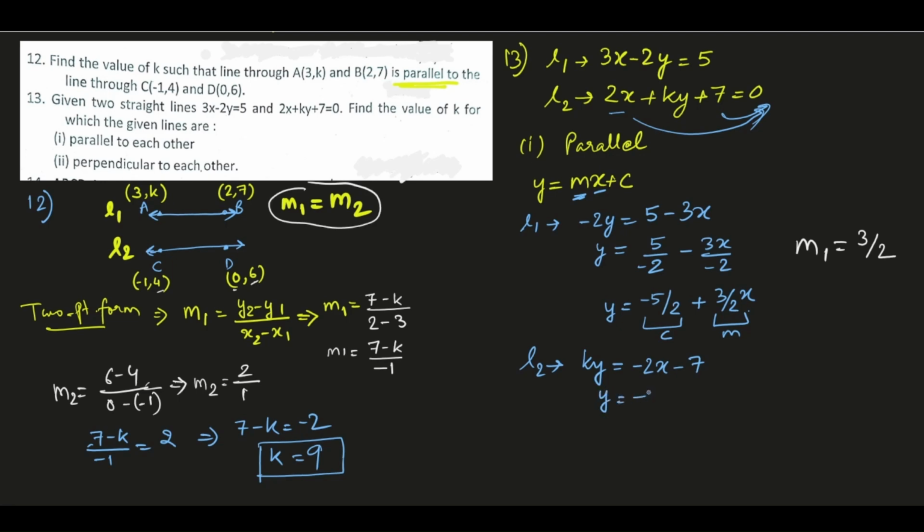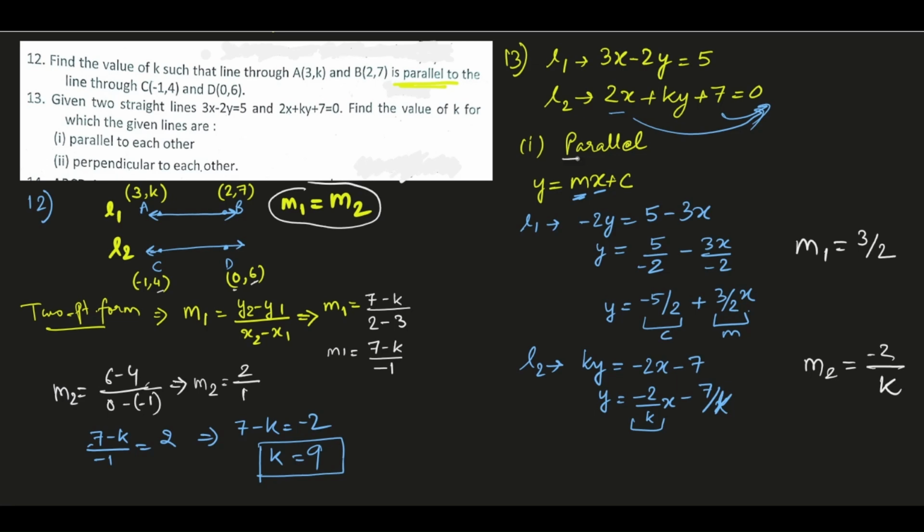So again y is equal to -2 by k x minus 7, sorry, 7 by k. So we need our m2, so m2 is what, -2 by k. Let's write on the right side, m2 is equal to -2 by k.